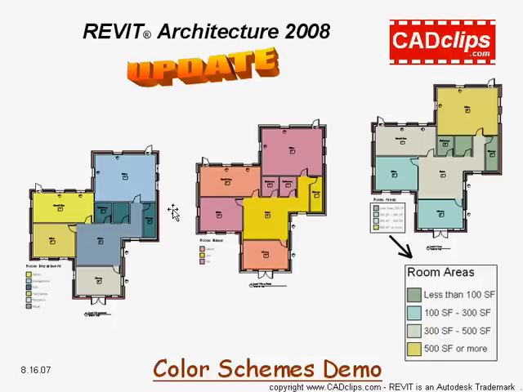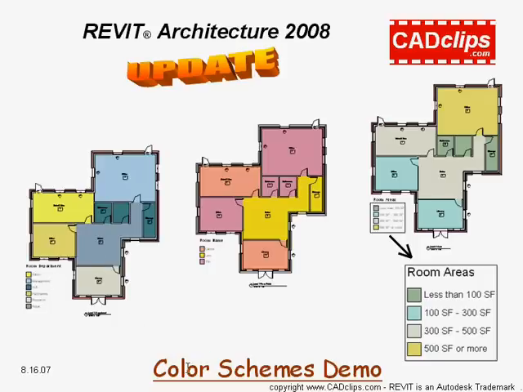And then what you do is you duplicate the view with detailing. Then in each view you say, this view uses the room areas color scheme, this one uses the floor finish color scheme, and in this view we're going to use wall color or any other of the room parameters.